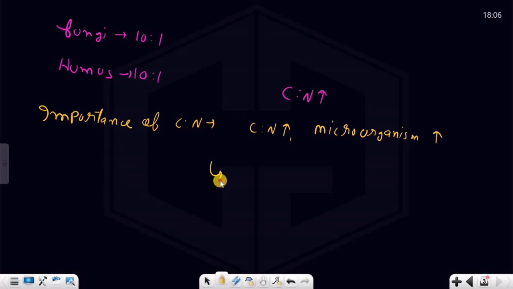The second one is the quantity of nutrients. If a soil has a higher carbon nitrogen ratio, the quantity of nutrients will also increase.